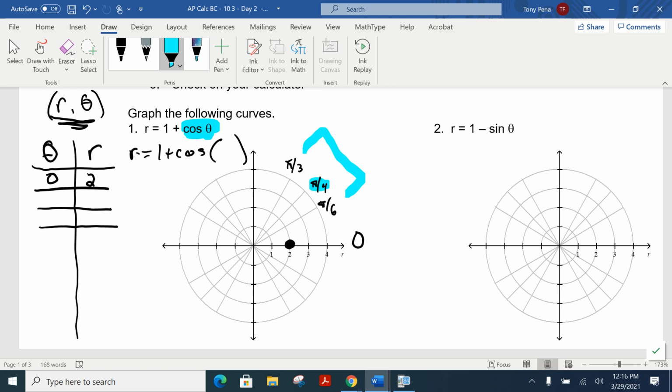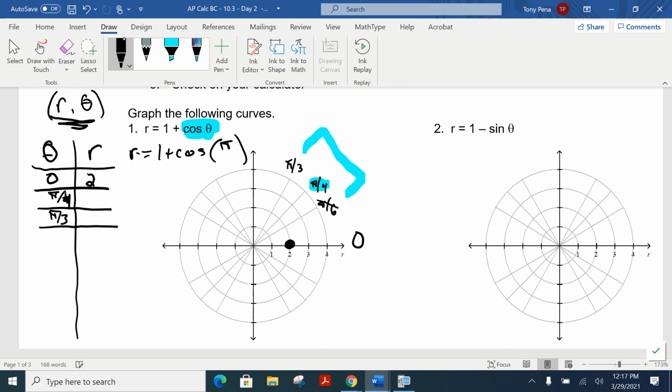The other one has a cosine value of 1/2. Pick the one that gives you the 1/2, all right? Because typically this is going to get done without a calculator. So the cosine of pi over 6 is root 3 over 2, so we're going to skip this one for right now. We're going to go to pi over 4, and then we're going to do pi over 3 as well, because that's the one whose cosine is 1/2. It'll give us a nice number.